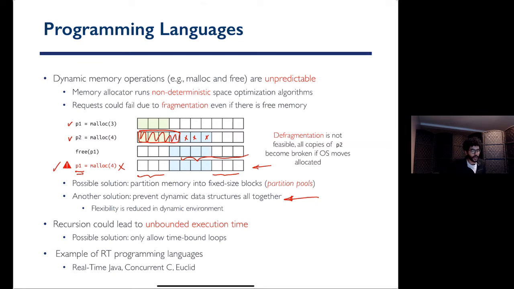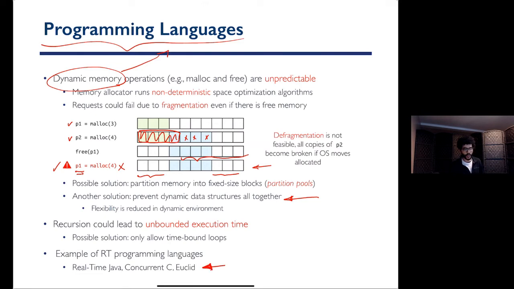Oh, something that I forgot about is that dynamic memory allocation is a subset of programming languages, right? So you could have programming languages that do not support, for example, dynamic memory allocation, or you could have it but not use it for the system that you're running. And here is a list of programming languages that are designed for real-time systems.